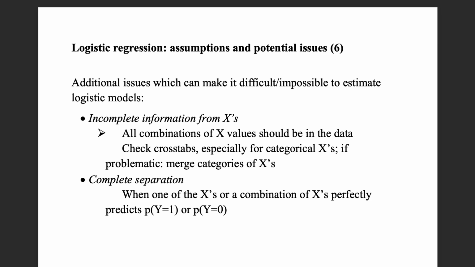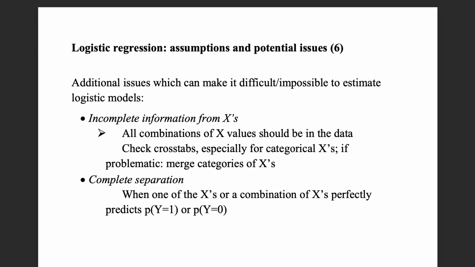But usually the problem, if you have this situation, is just that you're asking too much from your data, so that you're trying to estimate too many coefficients with too few actual observations, because that is when it's quite likely that an X variable or a combination of X variables is able to perfectly predict the outcome in your sample data set. So usually the real issue is your model is just too complicated for the amount of data that you have.